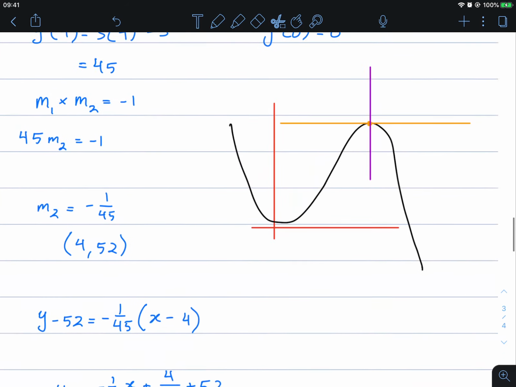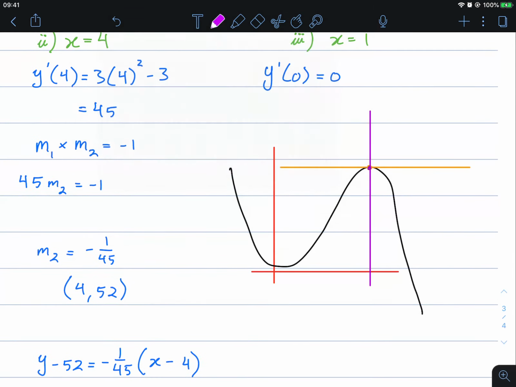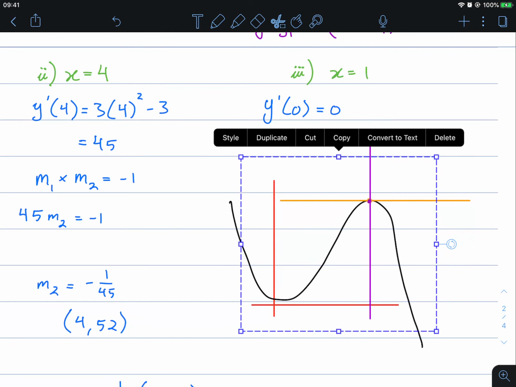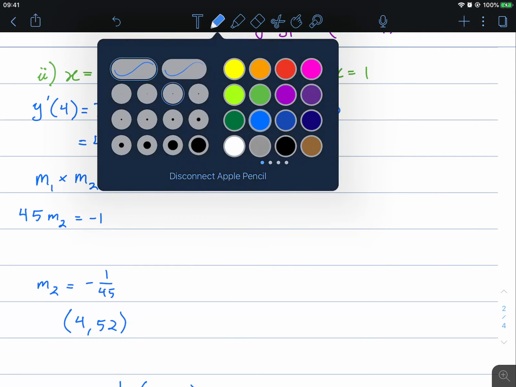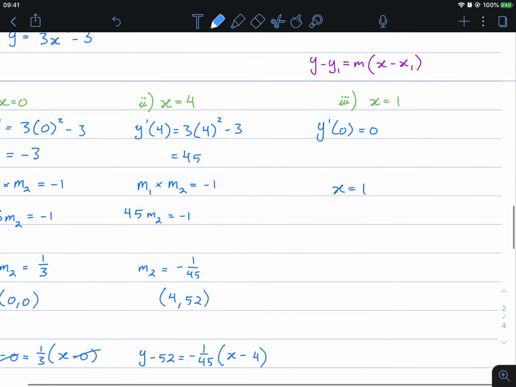If a line is completely vertical, isn't its x value going to intercept at the x-axis? Well, for this example, since it's x equals 1, this vertical line must be x equals 1. So the equation of the normal here is just x equals 1.